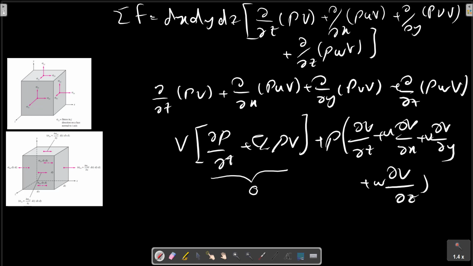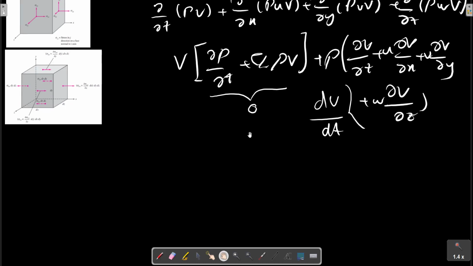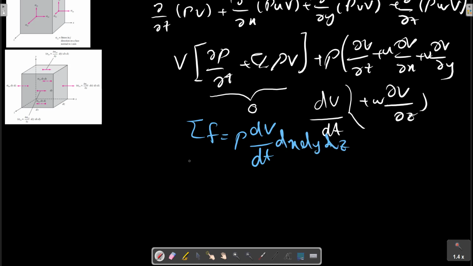the term in the parentheses on the right hand side, the total acceleration of the particle that instantaneously occupies the control volume, dV on dt. And this part is, as we said before, the total time derivative of V, an acceleration. So the summation of forces on the control volume equals dz.